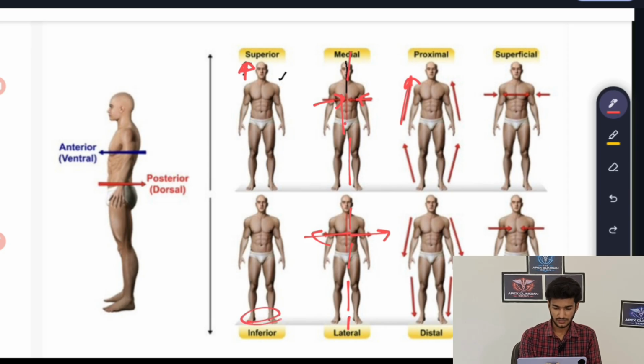Surfaces which are present inferior to the body are called the inferior surfaces. Then you can see that this is proximal and this is distal. Proximal means towards the midline of the body or towards the center of the body. And you can see this distal, which is away from the body.